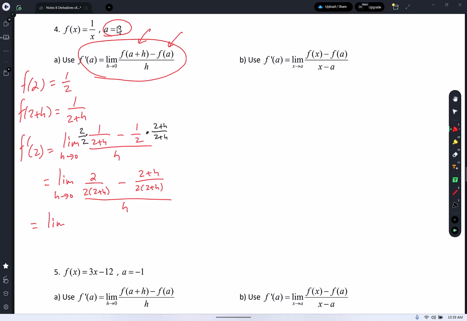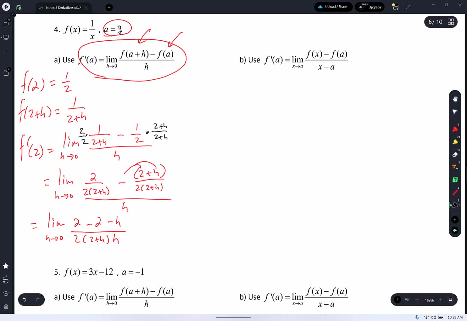I just need one more line, and that's it. Limit as h approaches 0, 2 minus, I'm going to distribute that negative, guys, minus 2 minus h, all over 2 parentheses 2 plus h. Keep, change, flip, so that h goes right next door to the 2 plus h. It's a product now. What zeroes out?